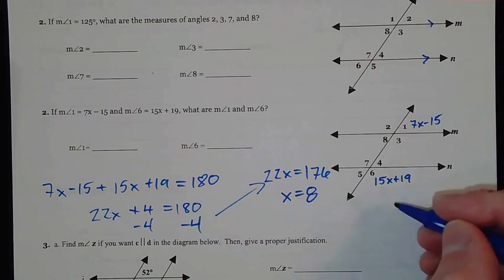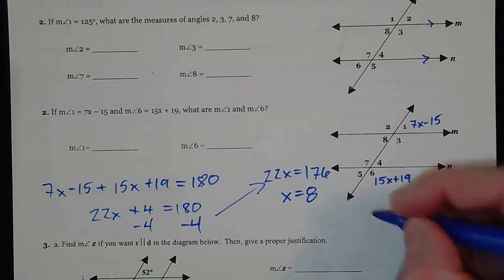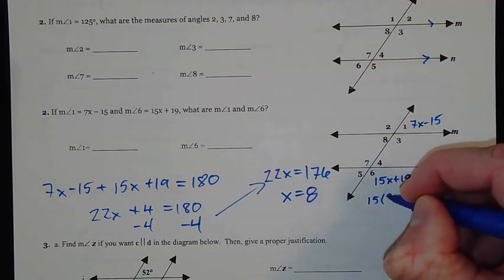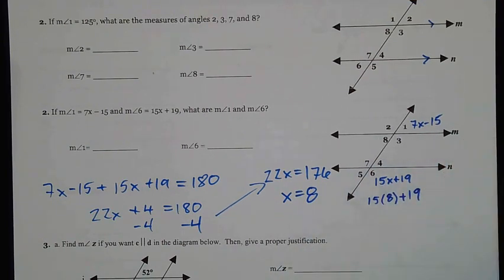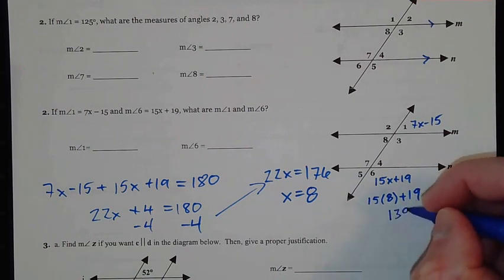So then plugging in for each of these, 15 times 8 plus 19. When I plug that in my calculator, I get 139.